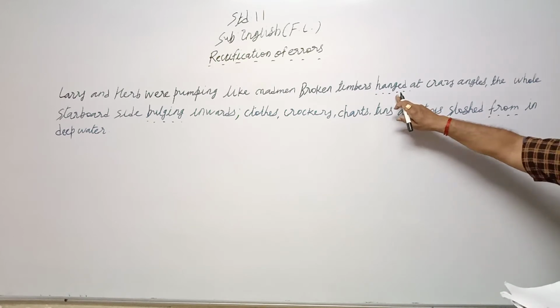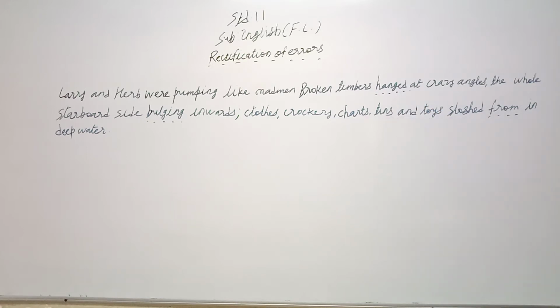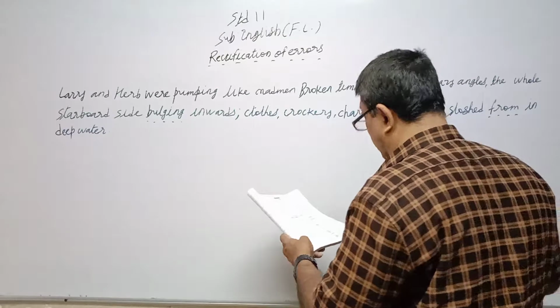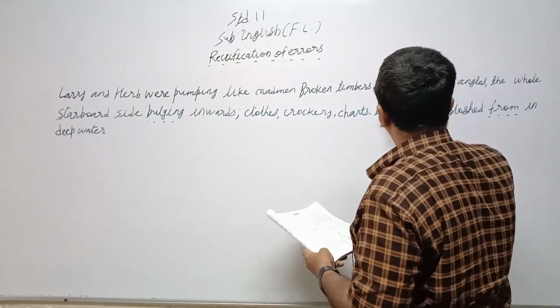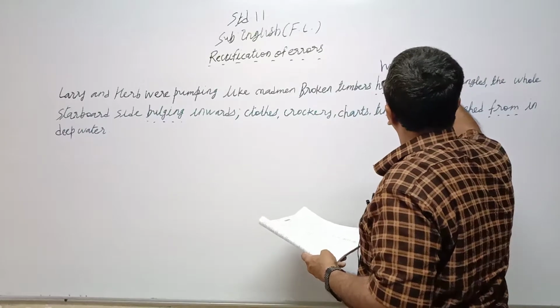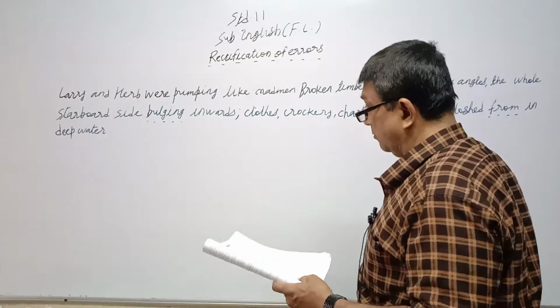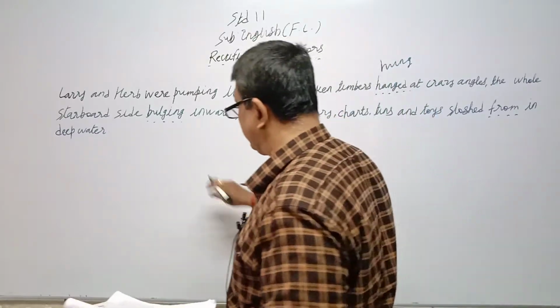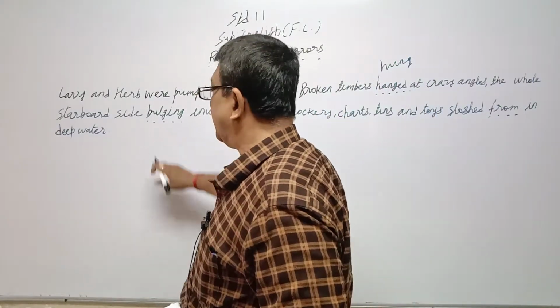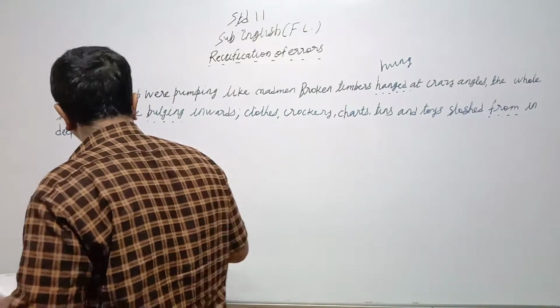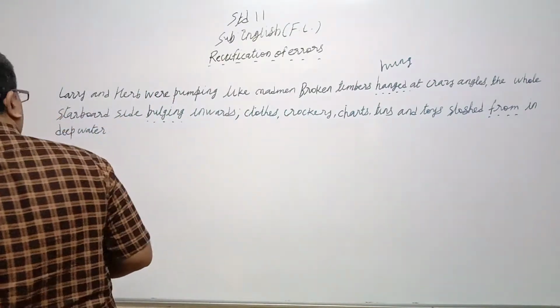There is no word like hanged. The past form of hang is hung. So the right word is hung. Next one, bulging. The whole sentence is in past tense.